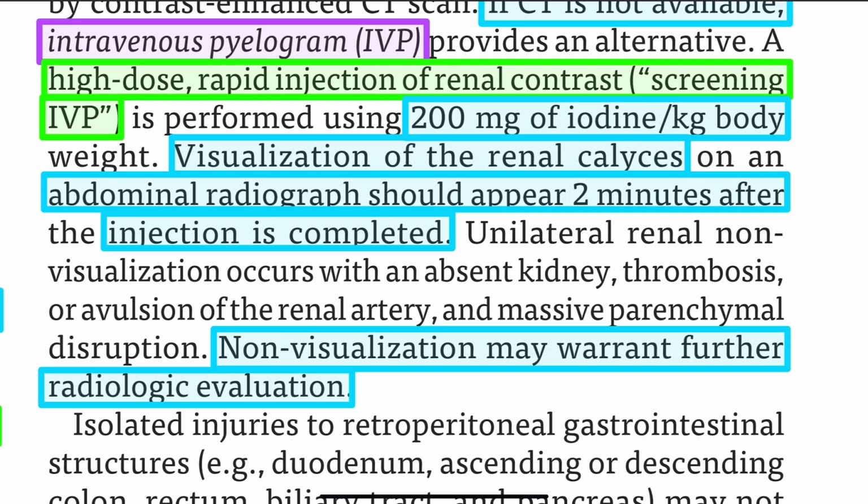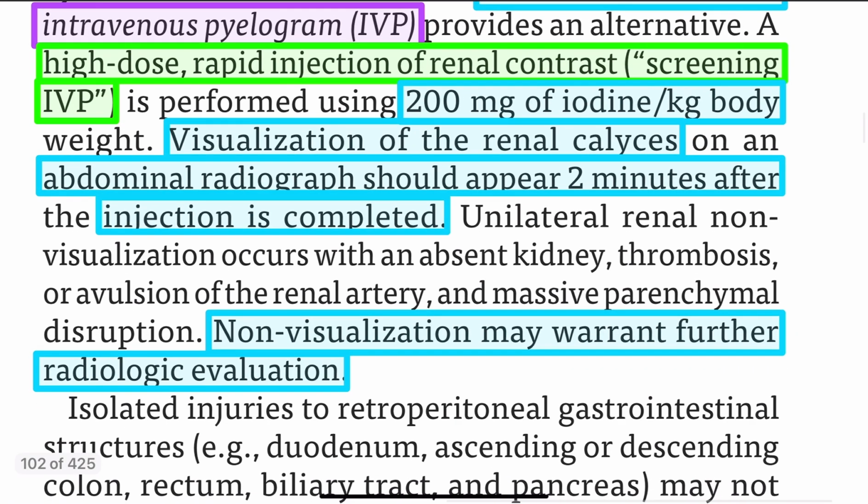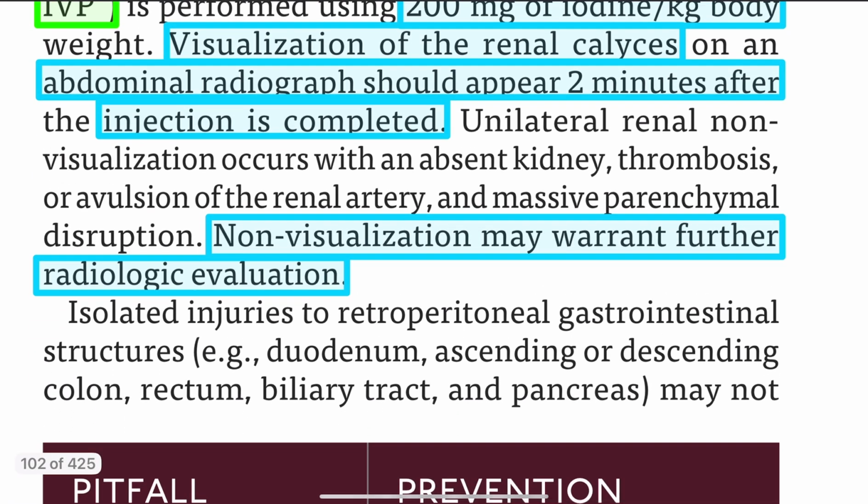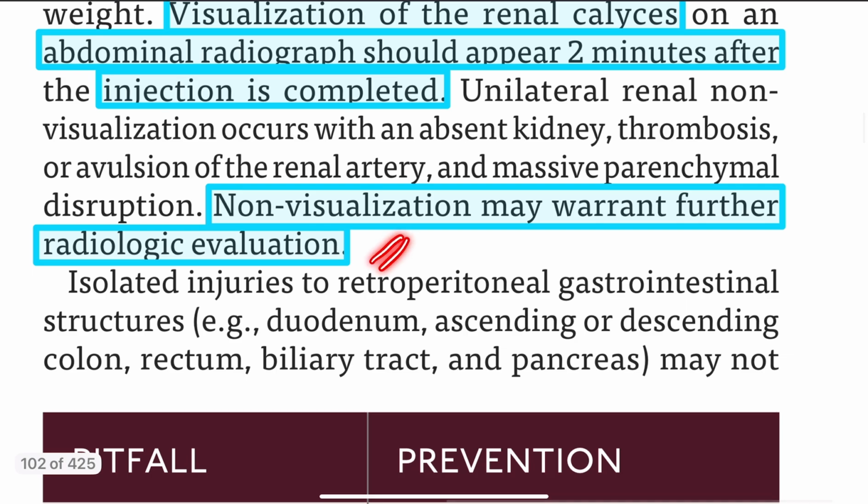The abdominal radiograph should be taken 2 minutes after the injection is completed. If there is no visualization, it may warrant further radiological evaluation.